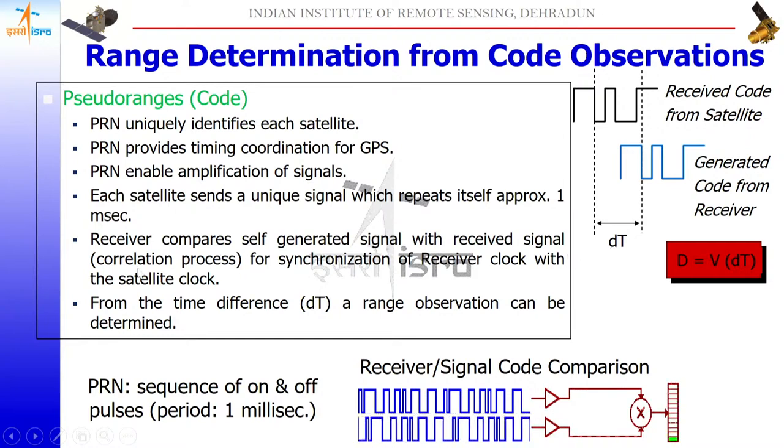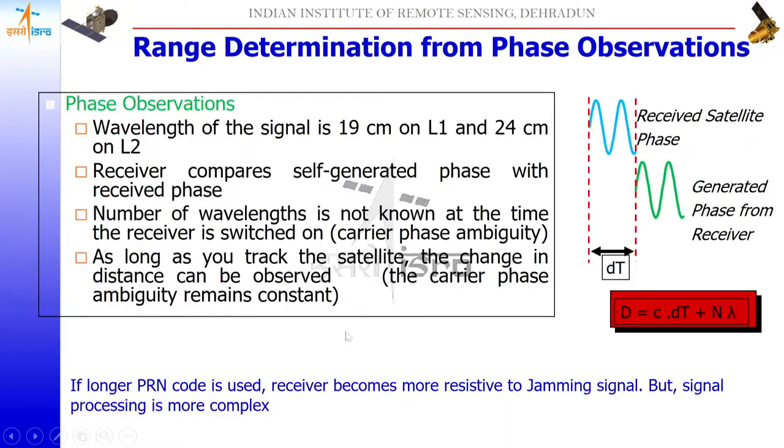I told you about the correlation process: this synchronizes our receiver clock with the satellite clock, and then dt is estimated after the modeling. So you see how the replica signal is generated, and the correlation goes on between the satellite signal and the receiver-generated signal.